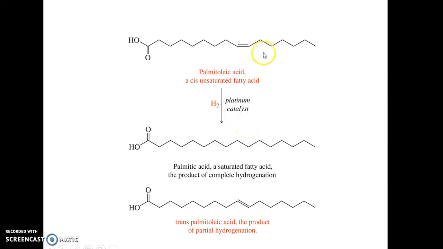All right, so if we do hydrogenation over a platinum catalyst, some of them are going to add hydrogen across the double bond, and we get this saturated fatty acid. But if they don't use enough hydrogen, there's going to be some double bonds that aren't hydrogenated, and what happens is that the double bonds that do remain are trans.